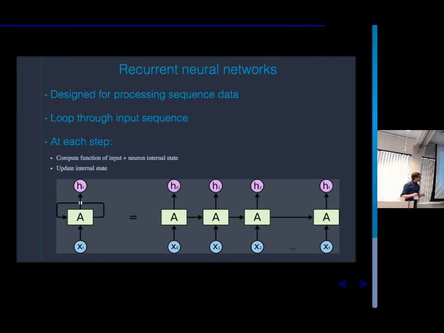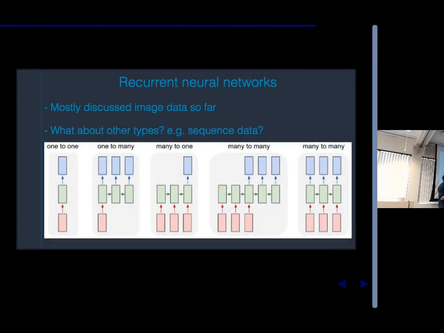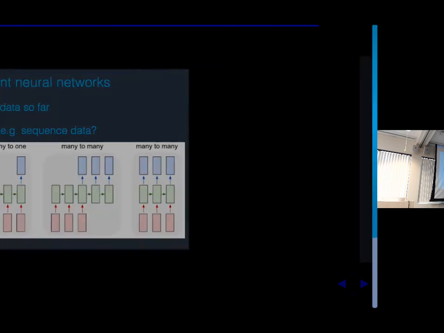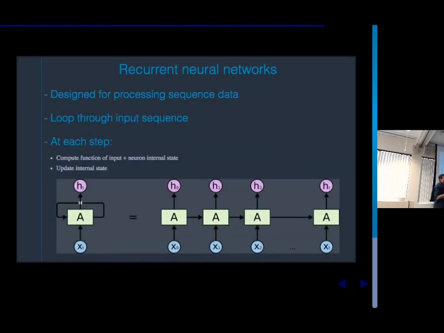In this case, it's drawn as many to many, but it doesn't necessarily have to be like that. You could only have one input, or you could only use one output. Either of those is fine. So this is just a general framework for processing a sequence of data, aggregating a bunch of information about it over time, and outputting either one prediction per time step or one class label at the end.